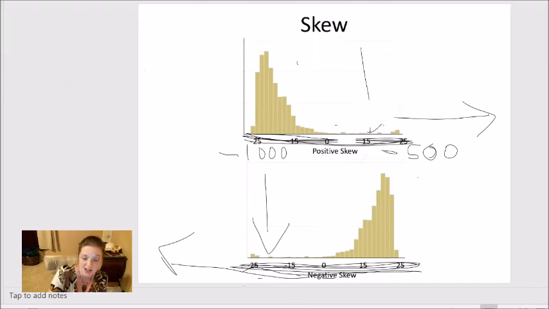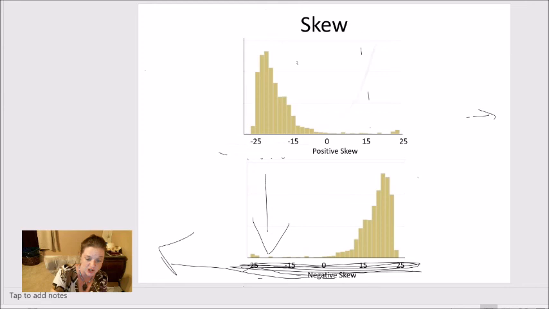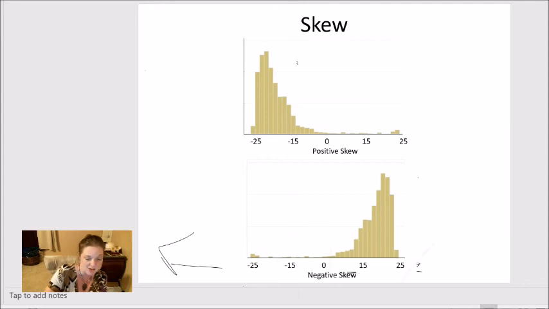And because the tail is longer in the positive direction, we call it positive or right-hand skew. On the bottom here, because the tail is so much longer in the negative direction, we're going to call it negative skew, right? Because any average is going to get pulled toward those extra extreme scores on only the left side, right? So skew is understood as where are the extra extreme scores.